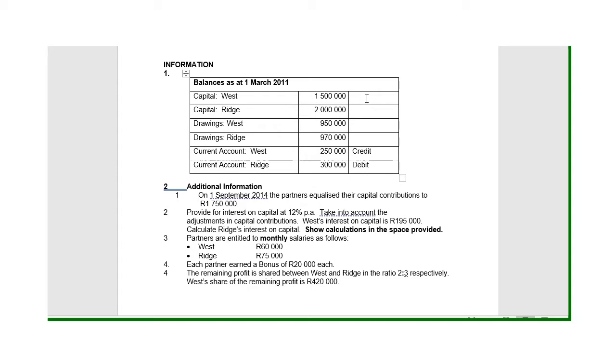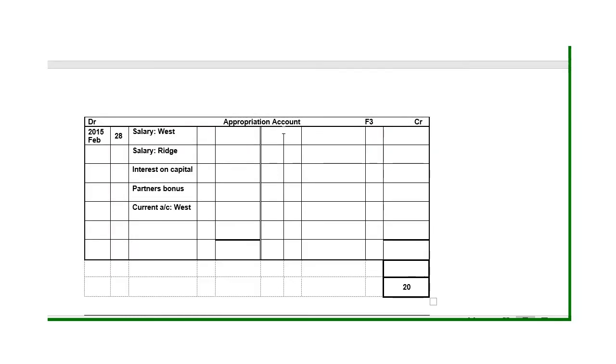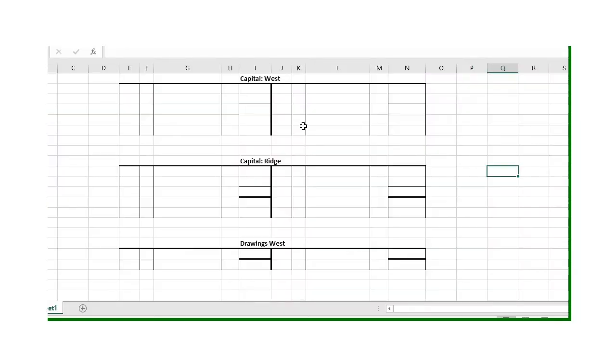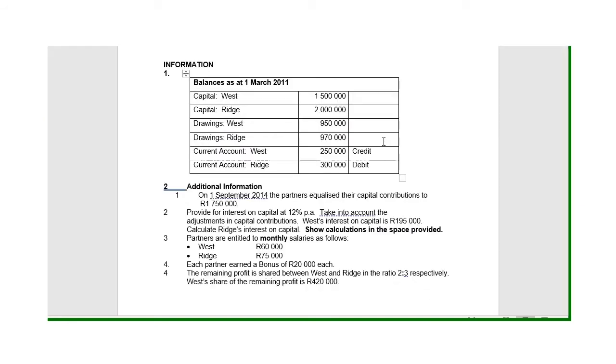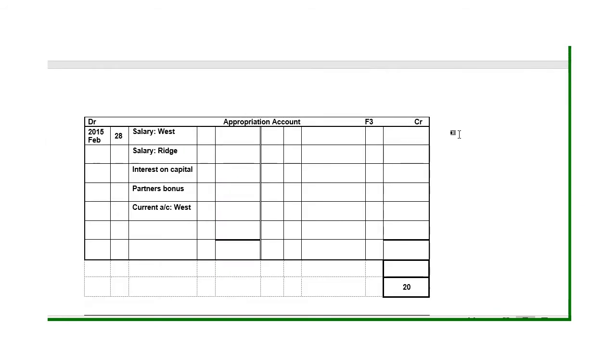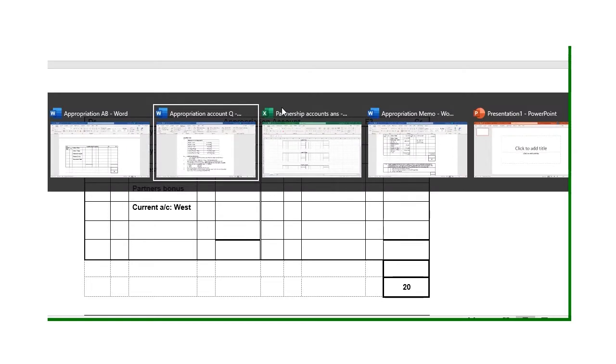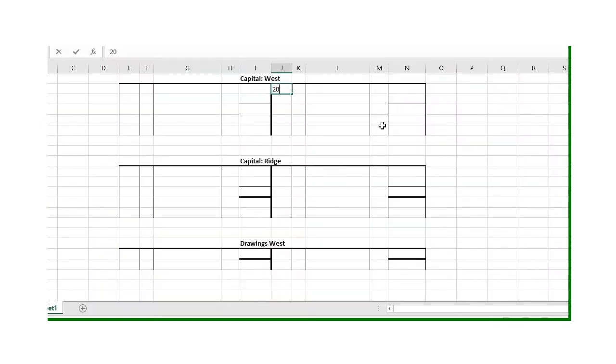So Capital West 1.5, so we will go to Capital West on the credit side. It is 2000, let's just make sure what the date is. 1st of March 2011.